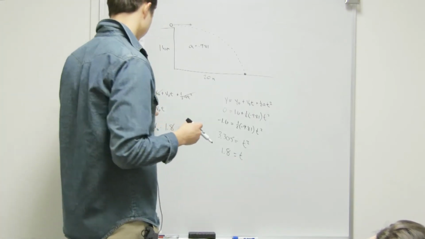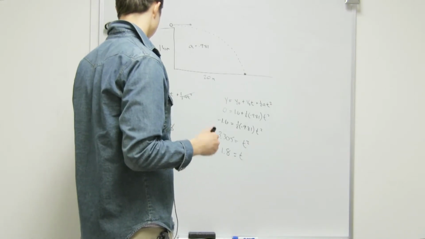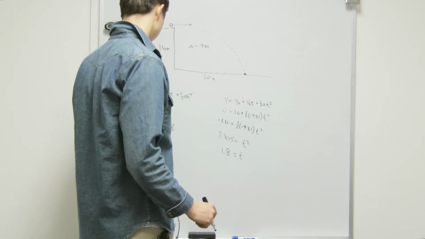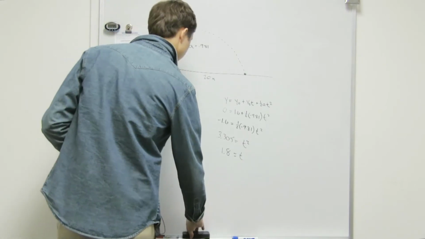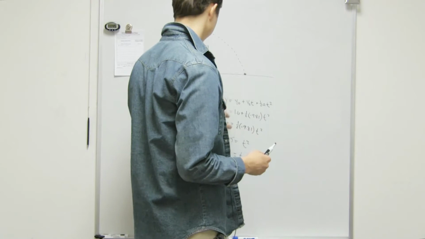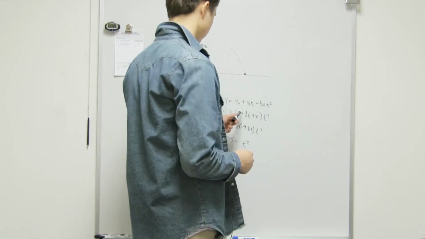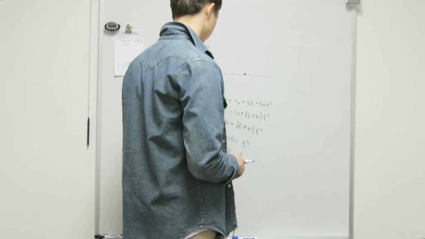Okay. So x equals x naught plus v naught t. So that's right. 20 meters. Over here we said y final is 0, y initial is 1.6 plus 1/2 a t squared.